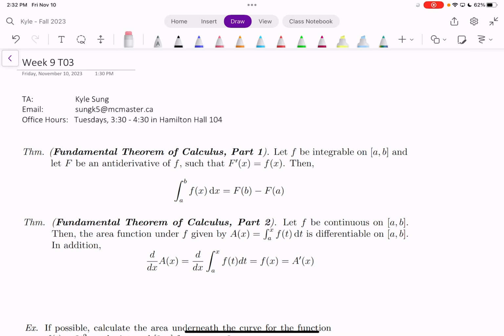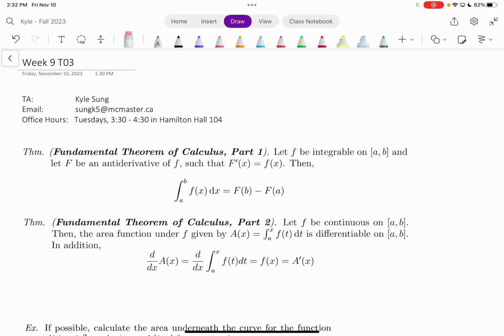We're going to get started with some calc today. So let's remember at the very end of last week, we talked about the relationship between area under a function and anti-differentiation. And now we're able to finally get to the fundamental theorem of calculus. So let's remind ourselves what these parts say.